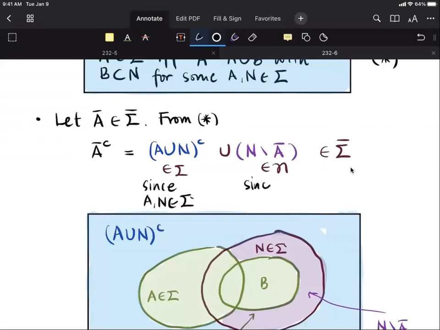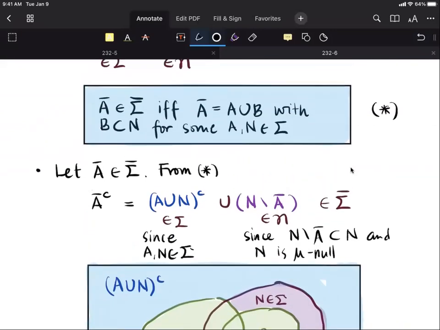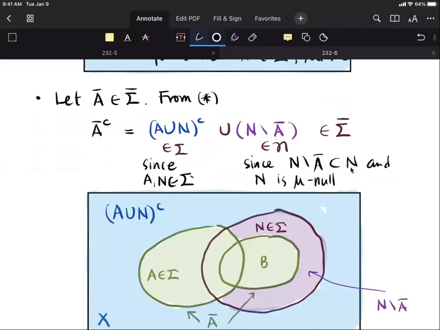Here, since this is a subset of course, this is a subset of N, obviously, and N is mu null. Okay. We need to add here that N must be mu null. So that's the case where if A bar is in sigma bar, then the complement is also in sigma bar.